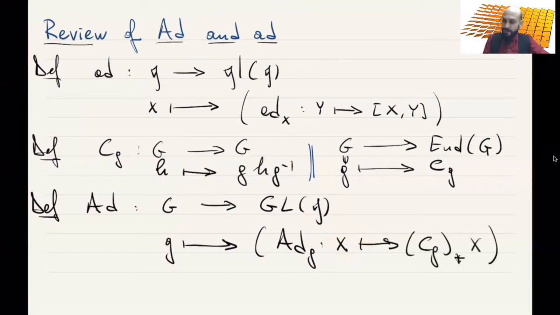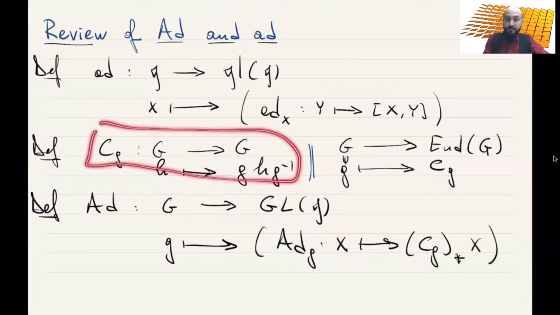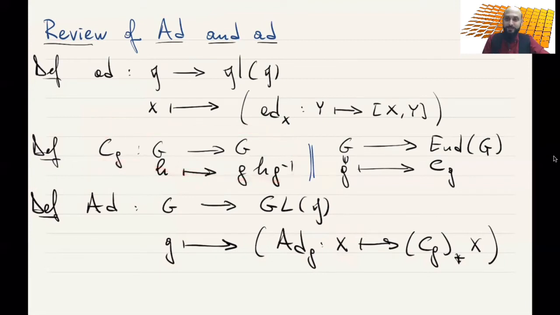Remember, this map is a Lie group homomorphism, and therefore has a Lie algebra homomorphism associated. Actually, a Lie algebra isomorphism. And again, the inverse is just Ad of g^{-1}.